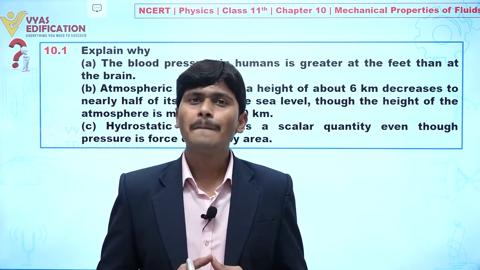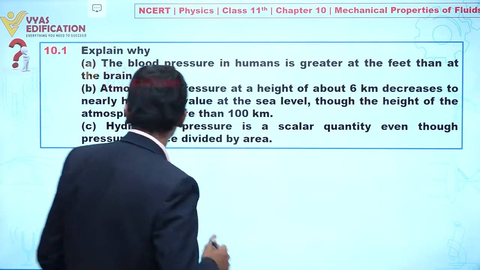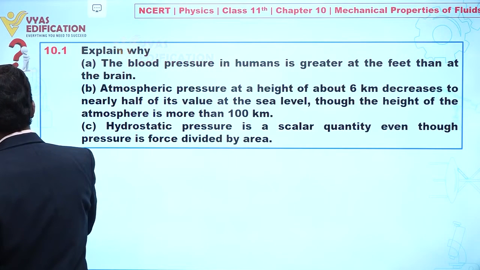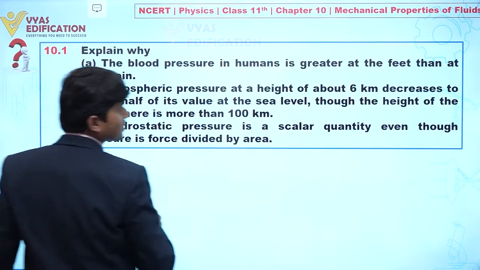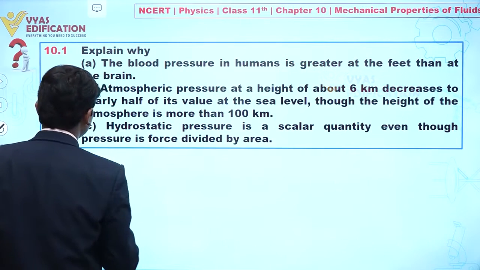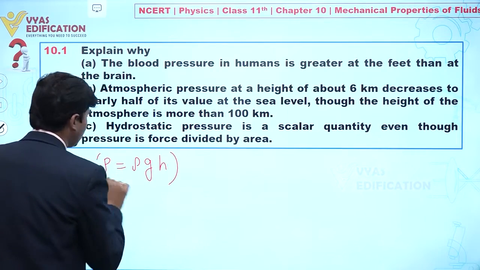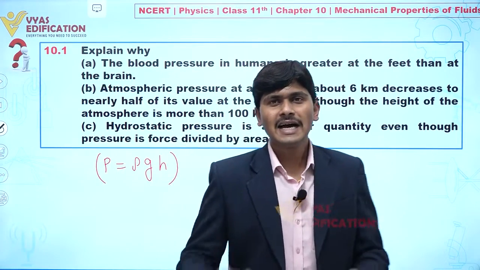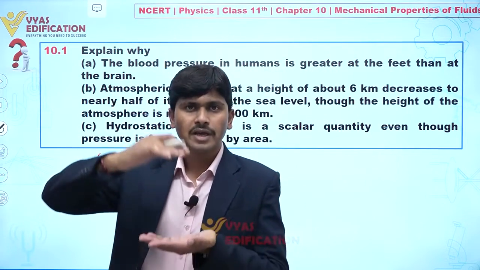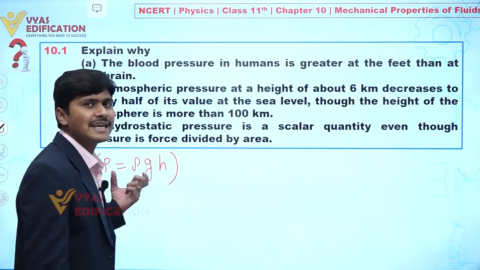Now actually we know the blood pressure, or if we talk about gauge pressure, is given by P equal to rho gh. Clear to everyone? Now we can say as the height of a liquid column increases, pressure increases.